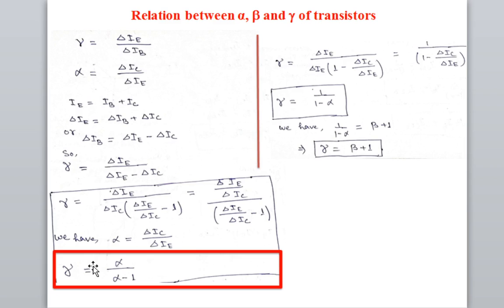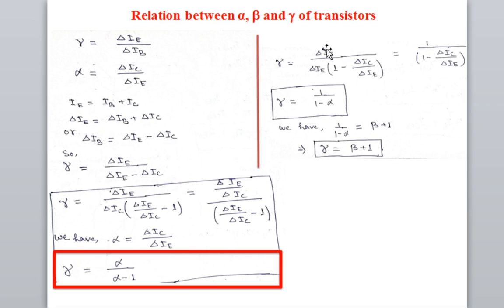Similarly, I can do the same for the relation between gamma and beta. Gamma is equal to delta IE upon delta IE minus delta IC. If I take delta IE as common in the denominator, I get delta IE upon delta IE times 1 minus delta IC upon delta IE.